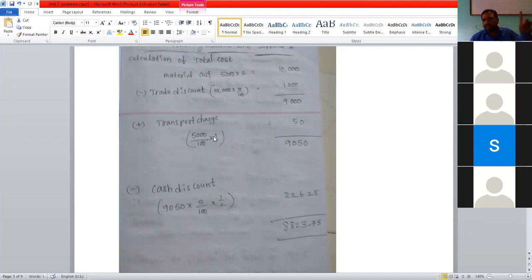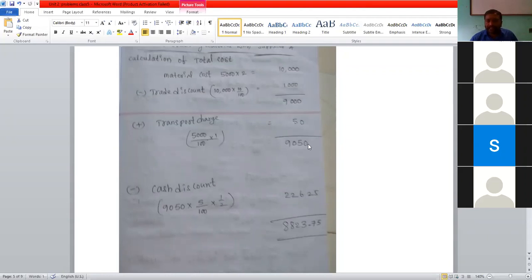So if 100 units is 1 rupee, then 5,000 units, how much? Then you have to do cross multiplication. 5,000 by 100 into 1. 5,000 divided by 100 into 1. You are getting 50. So 9,000 plus 50, you are getting 9,050. Now the cash discount, what he said here, 5%.